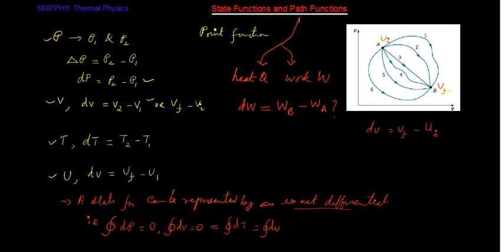Hope you remember when we discussed the meaning of work earlier. Work was regarded as a process, not at a point. I told you there is no meaning for work or heat in a system; heat and work are regarded as processes. So dW equal to WB minus WA has no meaning, and I cannot write it.